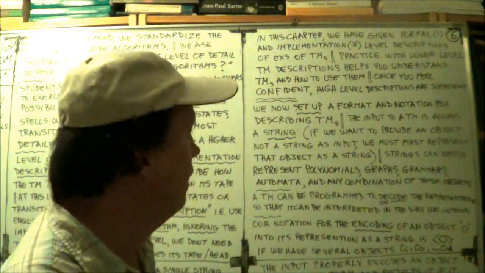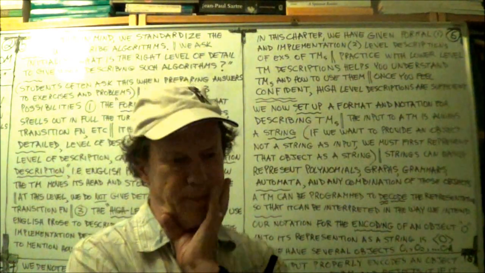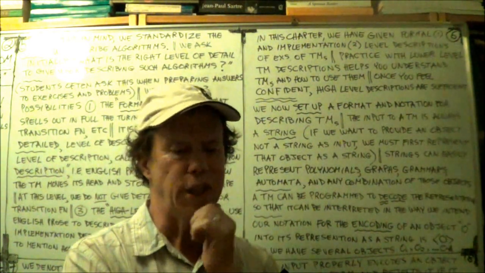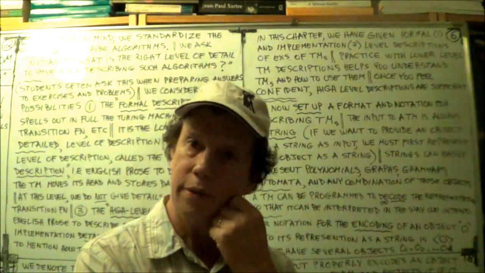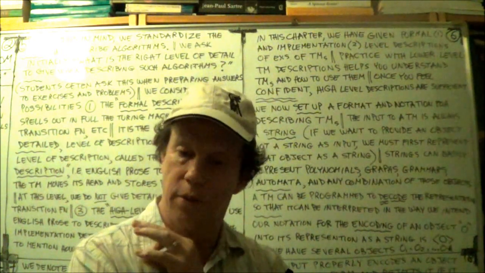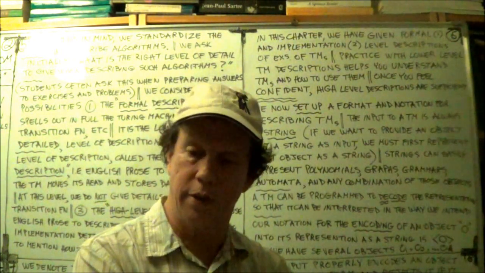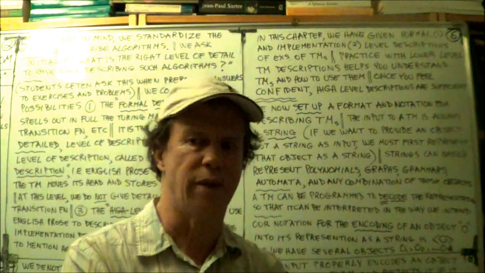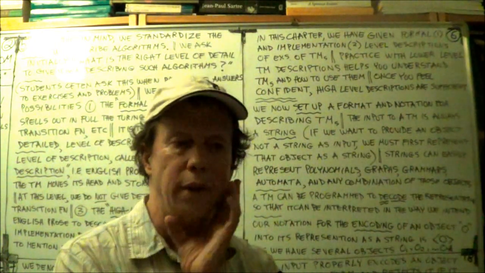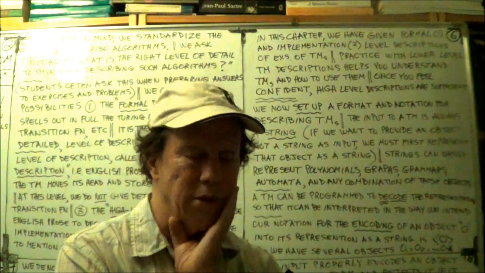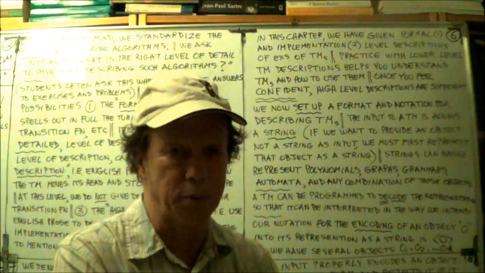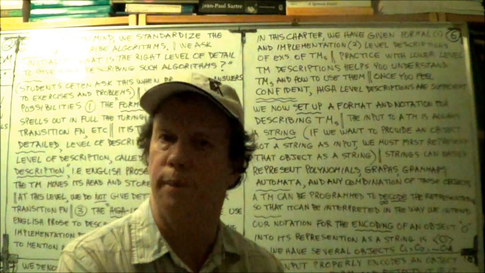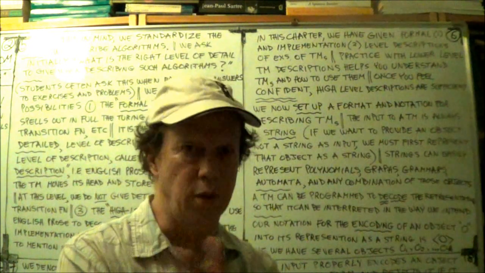Okay, so you can then have your Turing machine decode the string. So to put the information about the object that you're talking about, the mathematical thing that you're going to manipulate, or the problem concerns. Like it might be a graph problem, it might be a grammar problem, or whatever.